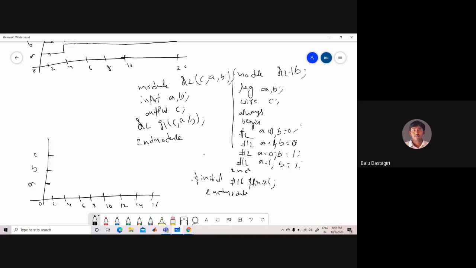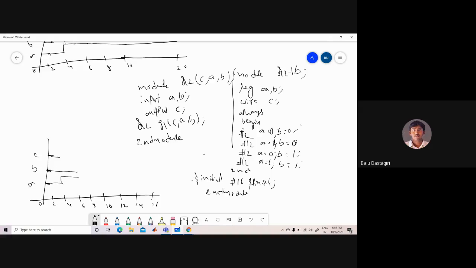After 2 time units, what happens? A becomes 0. Up to this point it is unknown, and now it becomes 0. Again 2 plus 2, as 2 means after 2 units of time. Previously the specifications were at 2 time units, so after 2 more time units, at 4 time units, the value of A becomes 1 and the value of B remains 0.